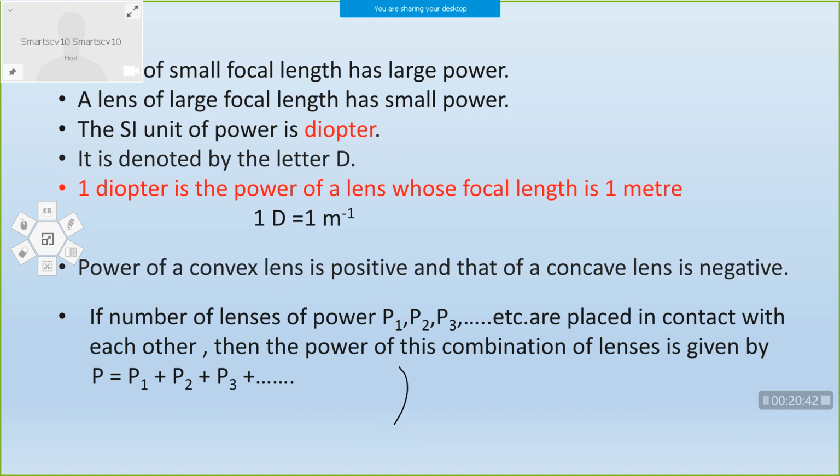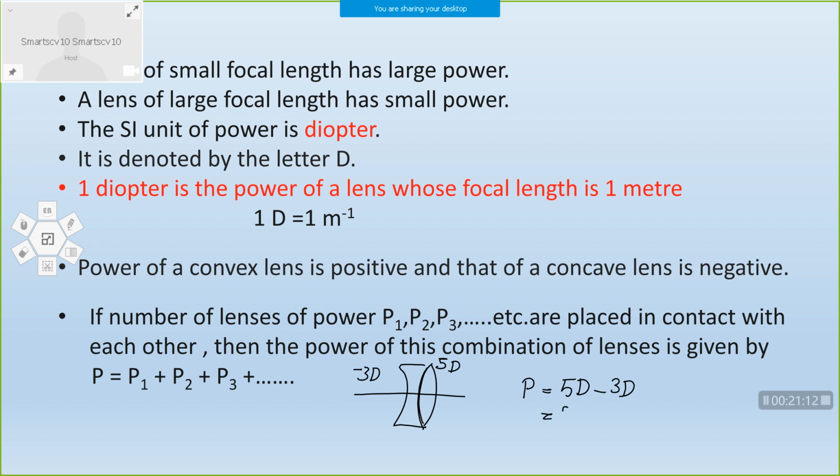Suppose we have a concave lens of power minus 3 diopter and it is combined with a convex lens of power 5 diopter. For a convex lens it is positive power and for a concave lens negative power. So when such two lenses are combined together, their combination will give the power of 5 diopter minus 3 diopter.